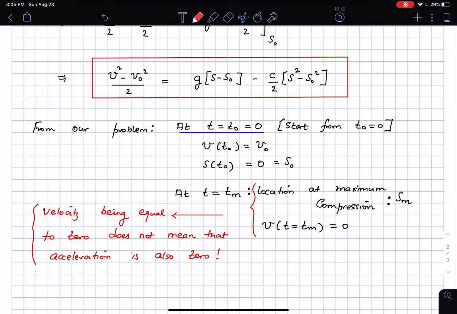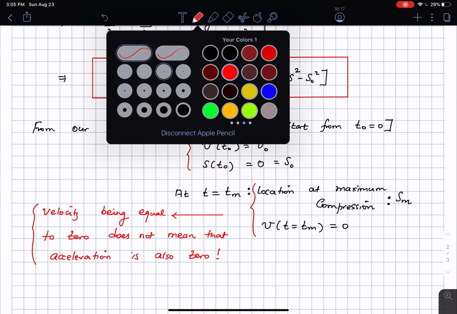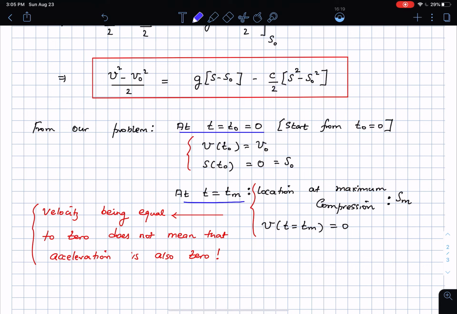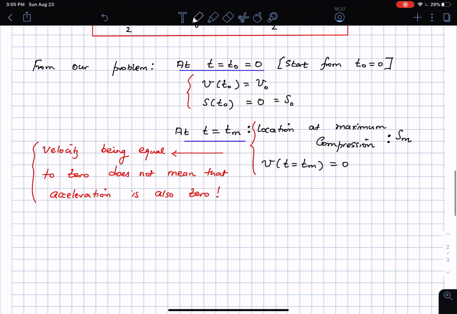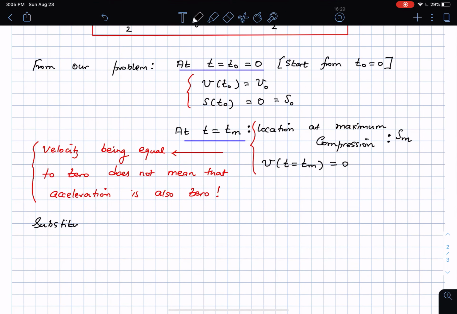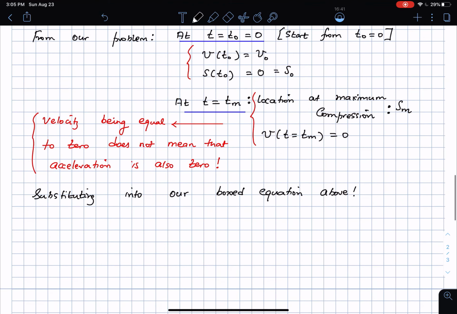Okay, so these are the things that I know, and this is the information that I can use in our equation. So substituting into our boxed equation above, I have V at Tm is equal to 0, and S naught is equal to 0, and so on.